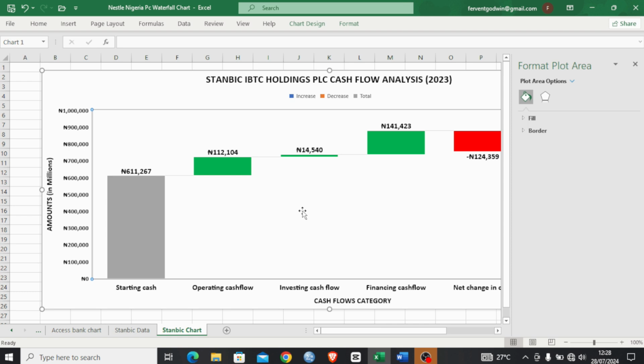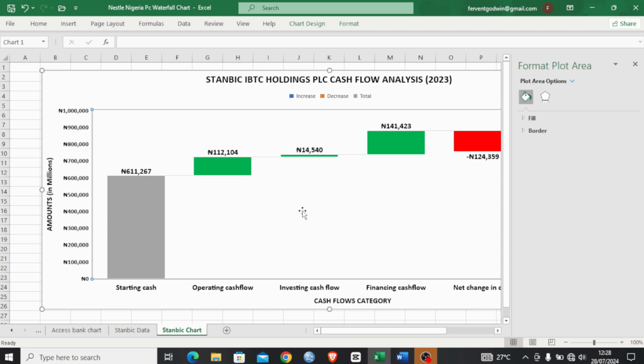Adding to what I said before, it refers to cash generated by the company's core business operations, excluding cash flows from investing and financing activities. So we take out financing and investing activities. It's a key indicator of a company's ability to generate cash.